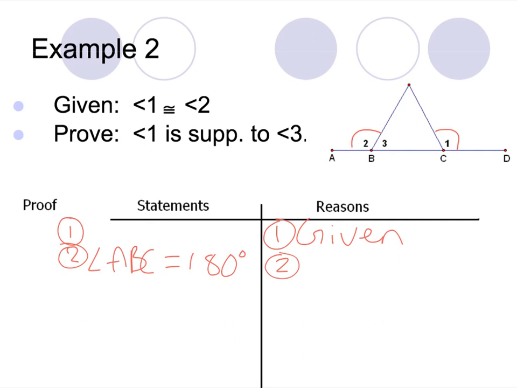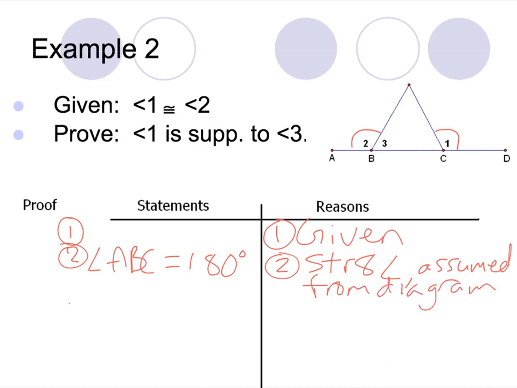And we'll say it's a straight angle, assumed from diagram. You could put that into 2 steps. You could say angle ABC is a straight angle, and then say that it's 180 degrees by the definition of straight angle. I'm okay with this as well. Depending on your teacher, they might like a little more detail. You never know. But that'll fly with me right here.